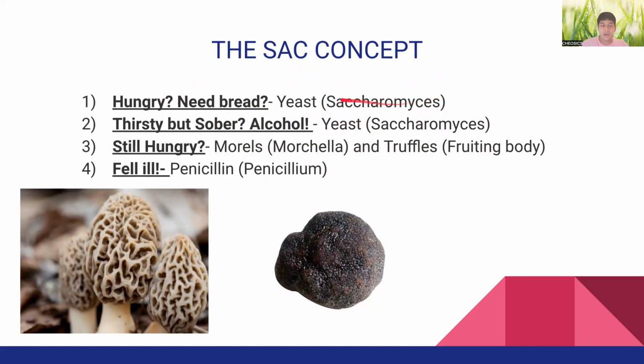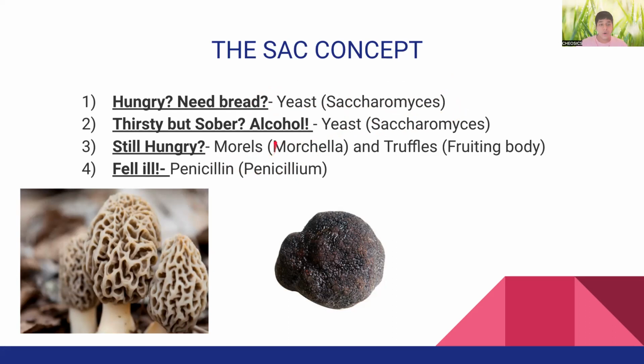Now you're kind of hungry. After eating all this bread, the bread soaked up the alcohol. So you're hungry now. You have morels and truffles with you. You took your sack, you were hungry, and nowadays there's a lot of diets taking place. So you've taken an Ascomycete diet where you can only have Ascomycetes, you can only have fungi.